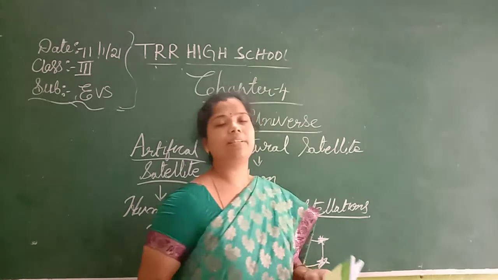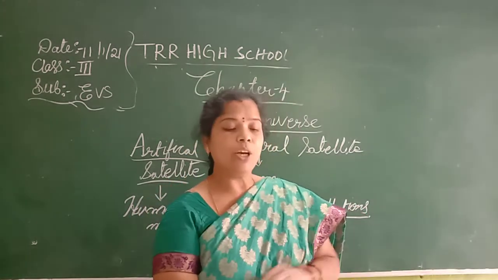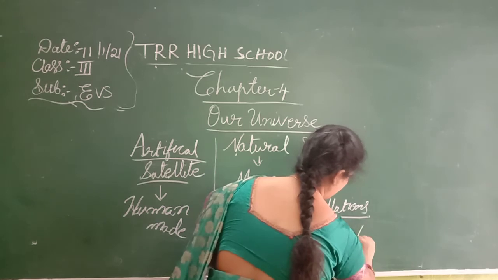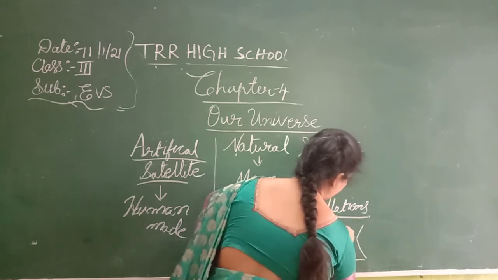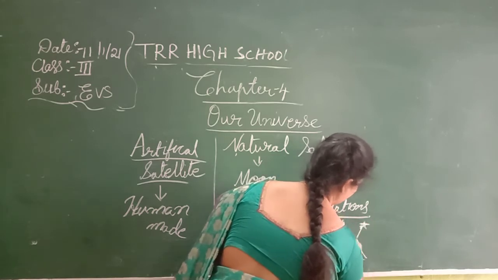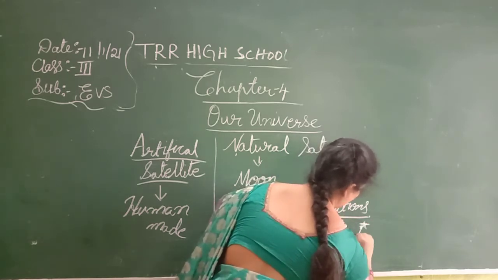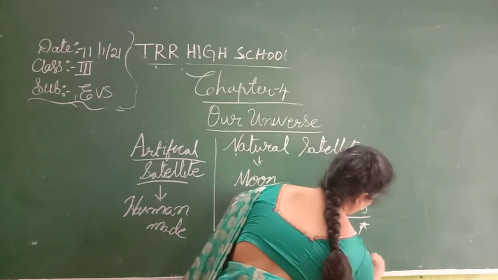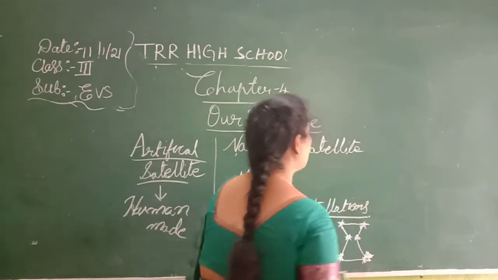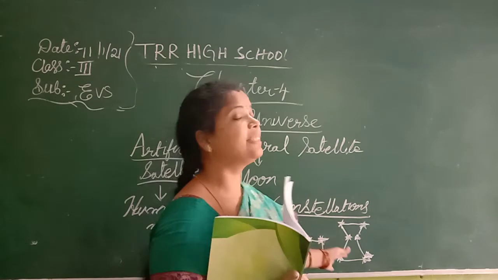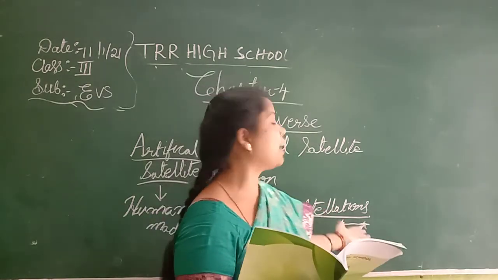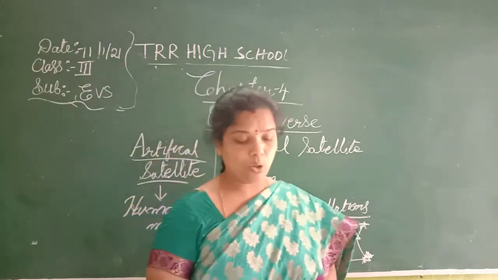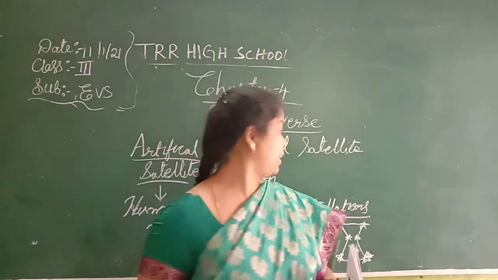There are some patterns, like the sheep, where if you observe in the sky, you'll find some designs formed by the stars, and this pattern is called the constellations.